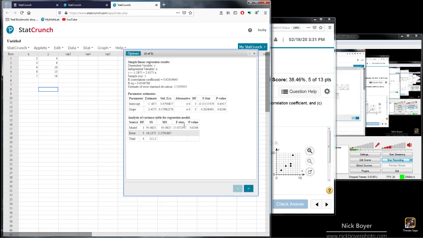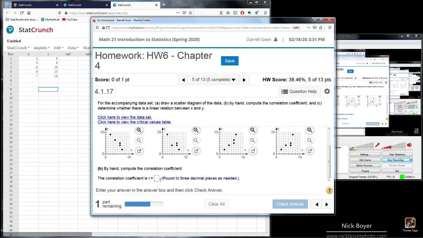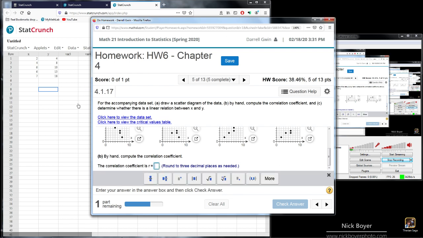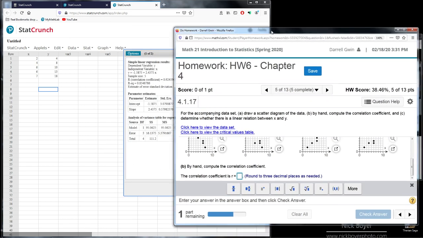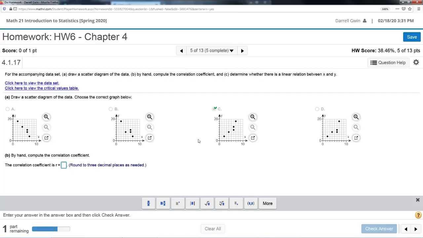You don't have to do all this fancy stuff. And it says r equals 0.9245, which is 0.925 to 3 decimals.